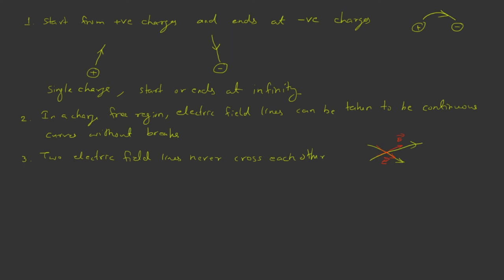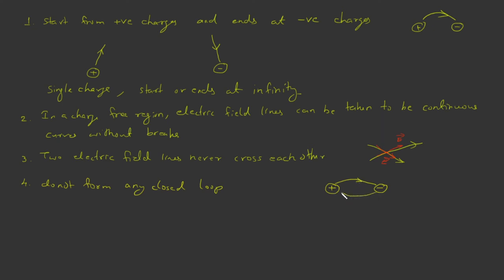The fourth property is that they do not form any closed loop. What does it mean? If there is a positive charge and a negative charge, we know the electric field lines start from positive and terminate at negative.